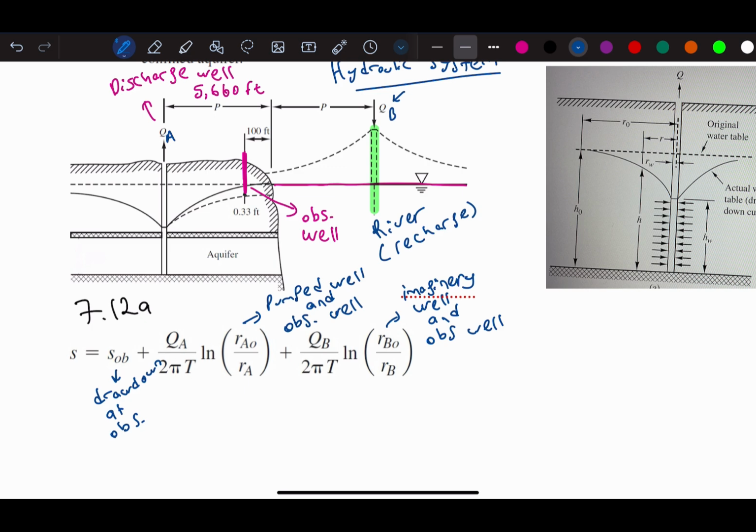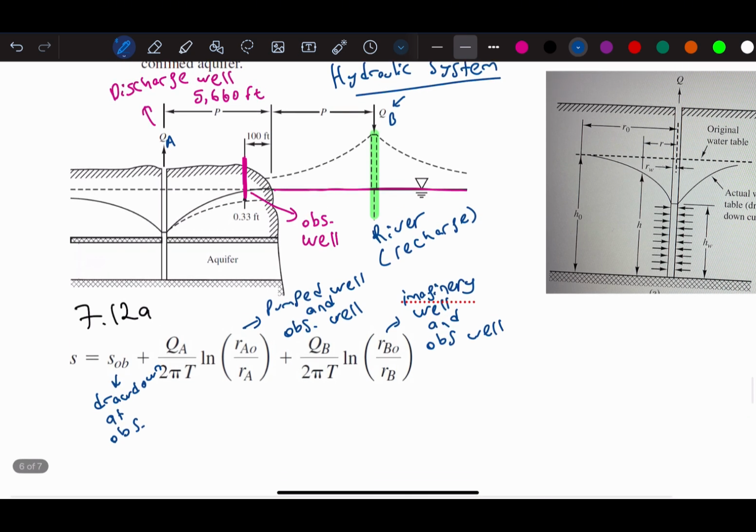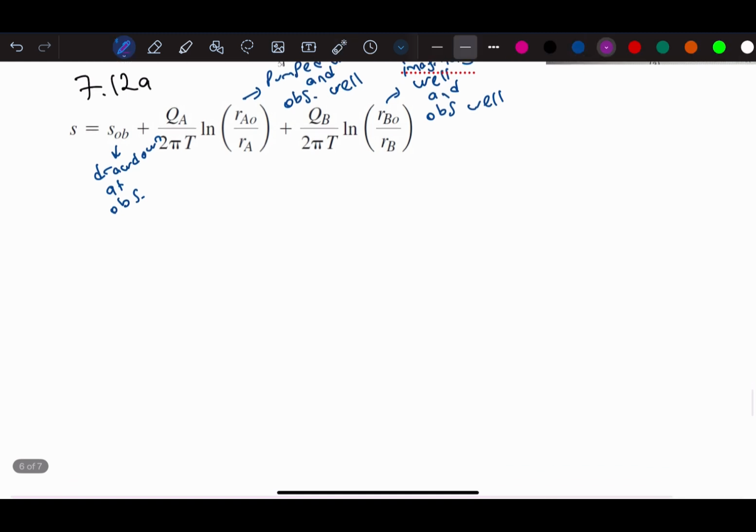And we have RA and RB. This is the distance from this discharge well and the point of interest. Similarly, it is the same for QB. So it is the distance from this imaginary well and the point of interest. So let me write all of these values.